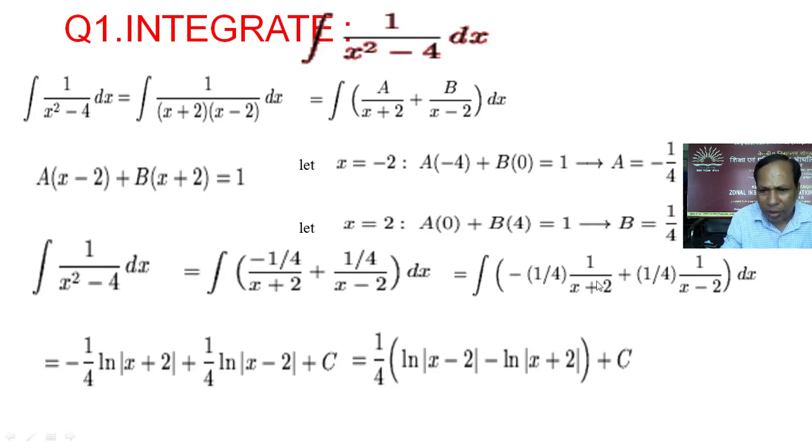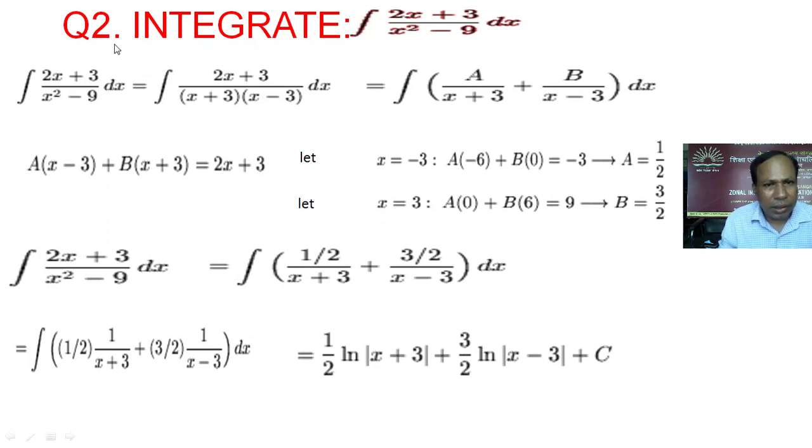Now applying term by term integration, minus 1 by 4 remains as it is, a constant. So integration of 1 by x plus 2 becomes log x plus 2. Similarly, integration of 1 by x minus 2 becomes log x minus 2, followed by the constant. So taking 1 by 4 common, it is log m minus log n, so that can be further written as log m by n.